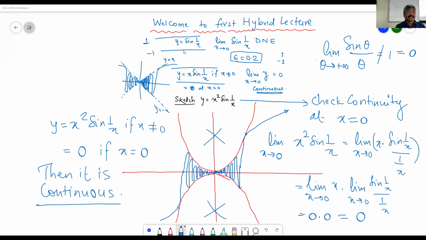Okay, last lecture we have seen graph of y is equal to sine 1 upon x, and we said that this limit does not exist at x is equal to 0. We have proved it also by taking epsilon is equal to 0.2.